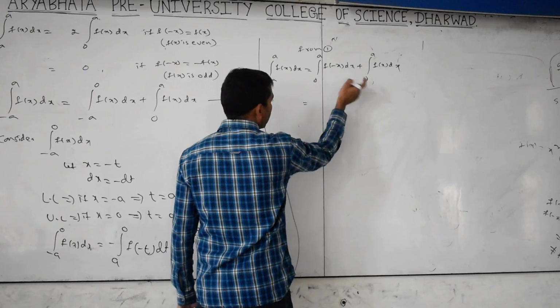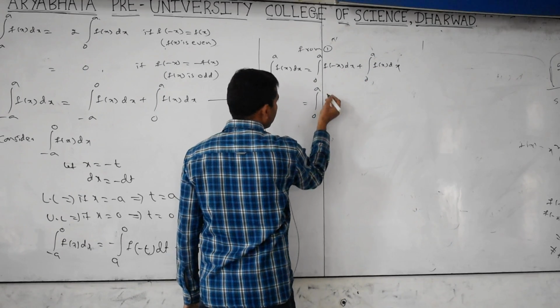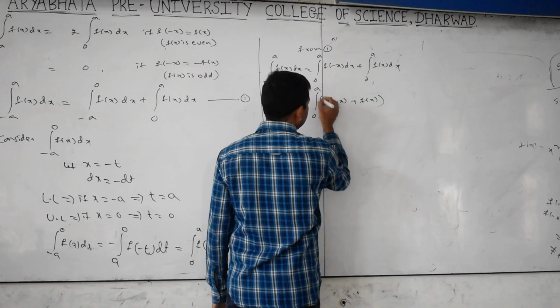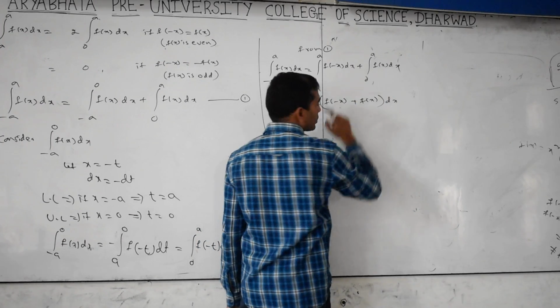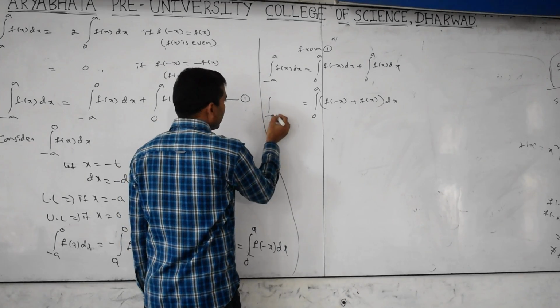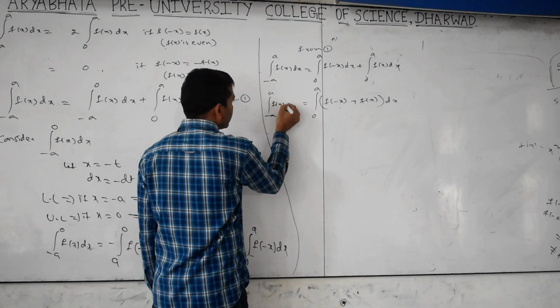Right? Same limits, we can add: 0 to a of f of minus x plus f of x dx. We can add both because the limits are the same.